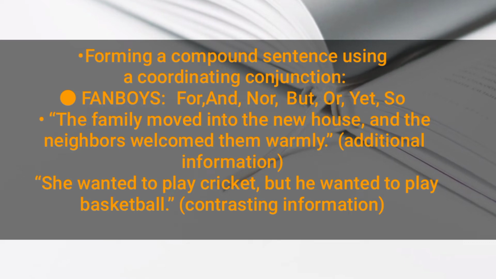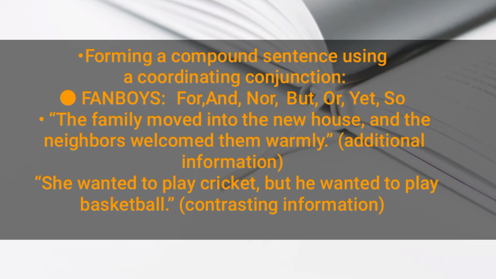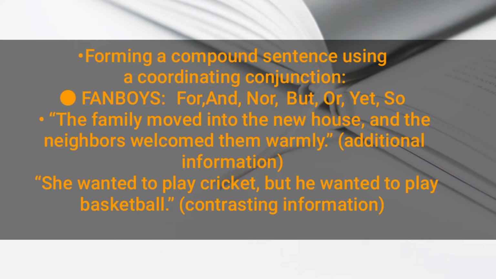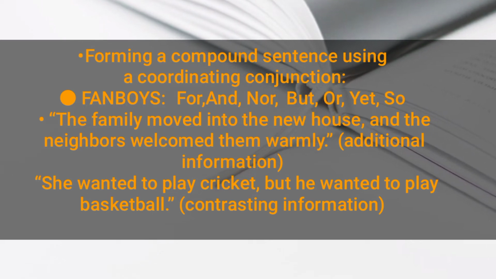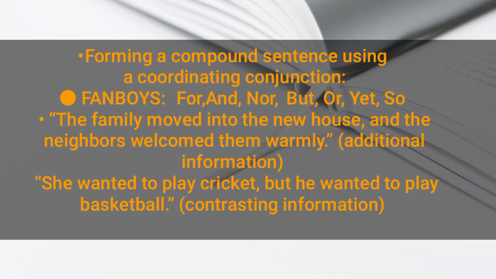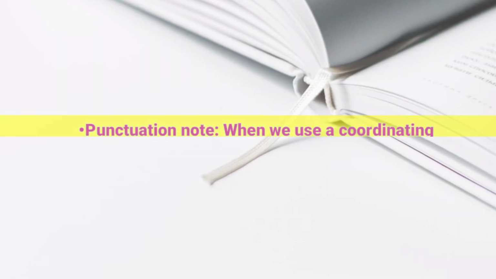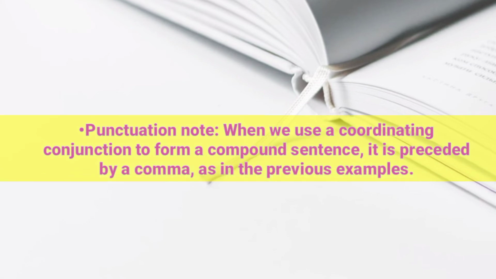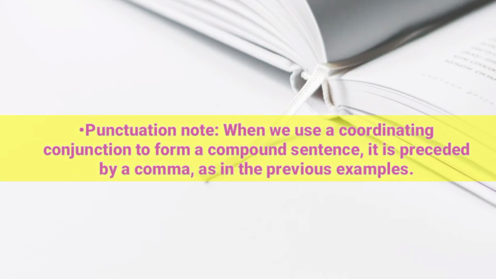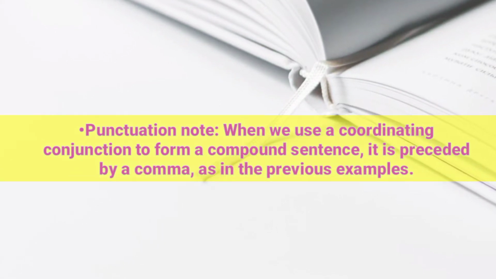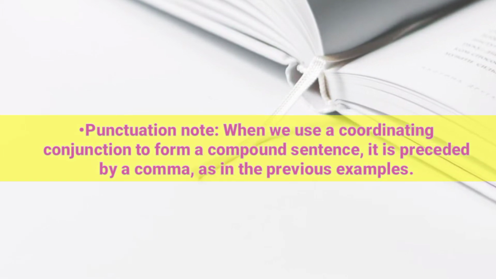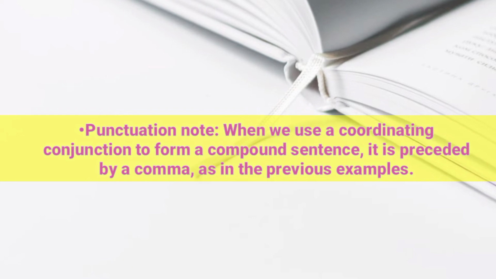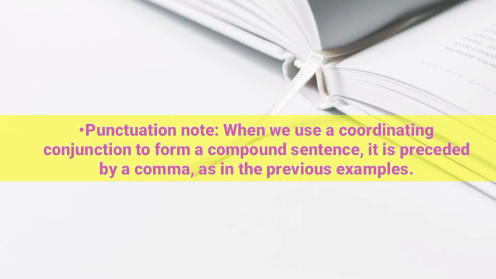We can go to the movies tonight, or we can just hang out at home. That shows alternative choice or option. Punctuation note: when we use a coordinating conjunction to form a compound sentence, it is preceded by a comma, as in the previous example.